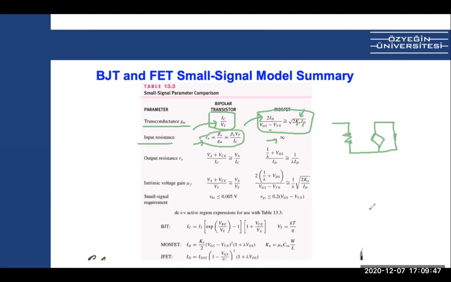The reason there's a resistance here is that the BJT has different physics. The current is a function of this VBE voltage, and R pi is this base emitter voltage divided by this IB current.